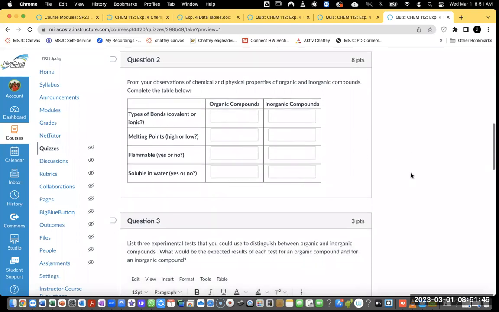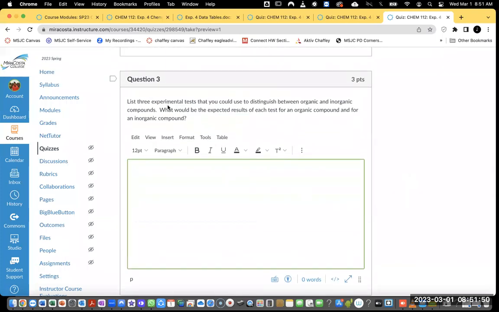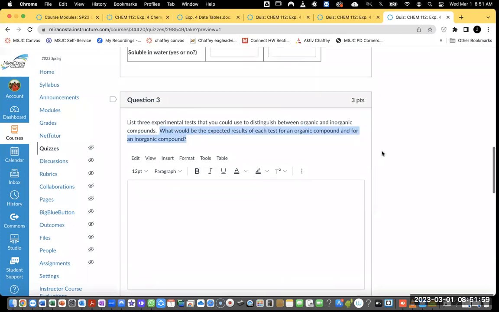That should be pretty straightforward. Then the next question asks you to list the 3 experiments that help you distinguish organic and inorganic compounds. You can use any 3 experiments that were done that help you decide whether any molecule is organic or inorganic.